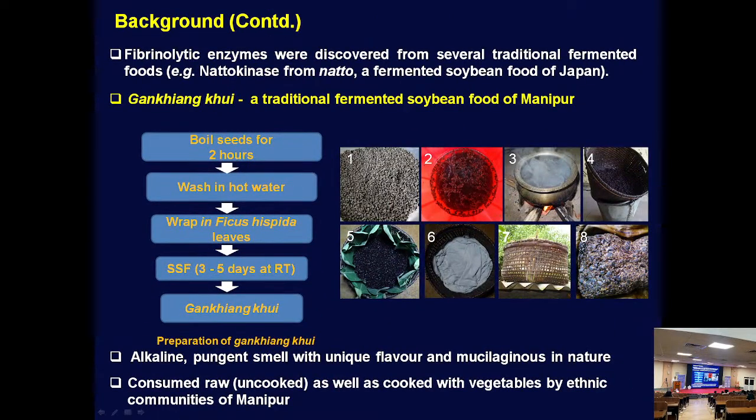This is how this traditional food is prepared. It is fermented, and during fermentation the microorganisms act on the seed, and the food is formed. Our interest here is not the food itself but the associated microorganism. From the associated microorganism, particularly Bacillus, we are able to extract fibrinolytic enzyme.